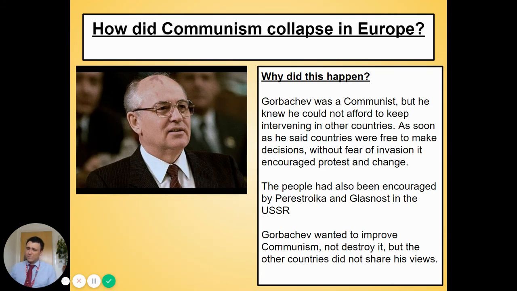And the people had also been encouraged because of things like perestroika and glasnost that you looked at last lesson in the USSR. Gorbachev wanted to improve communism, not destroy it, but actually other countries didn't share his views. Gorbachev wanted the other countries to appreciate communism, and that's why perestroika and glasnost were brought in. But ultimately, these satellite states just wanted it gone, and that's clear in the protests of 1989, where they were allowed to do just that.